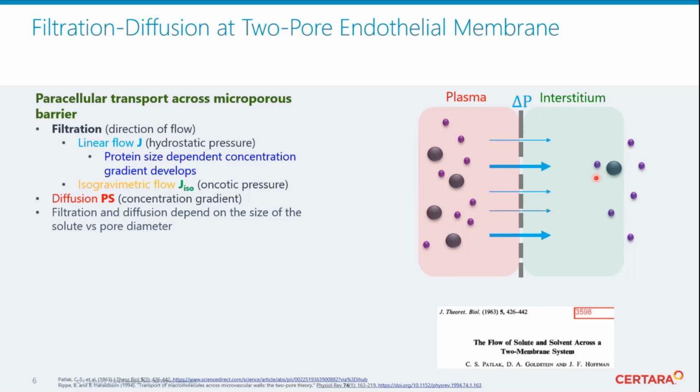This creates an oncotic pressure difference, which drives what is called isogravimetric flow. It's like a local circular flow. It just adds a little bit to the overall flux of the protein. And from the concentration gradient, obviously there will be diffusion.